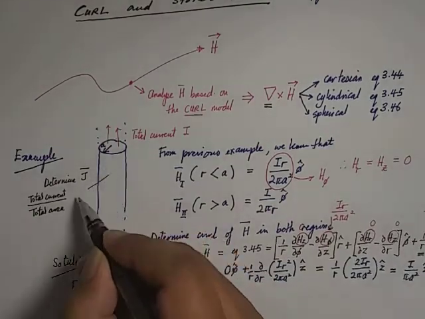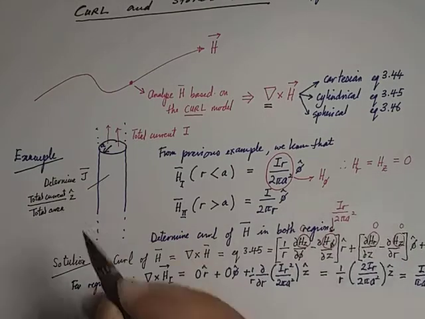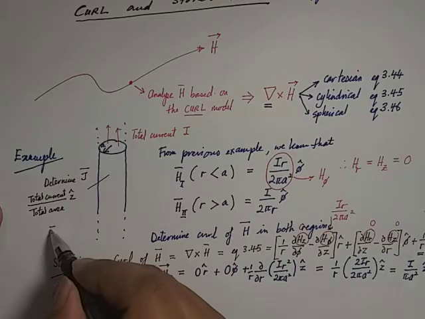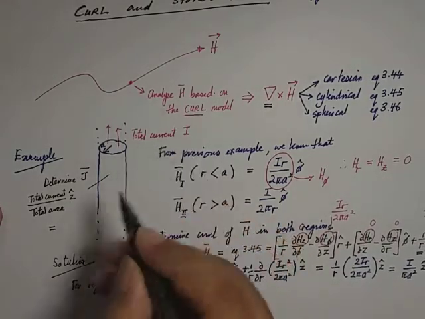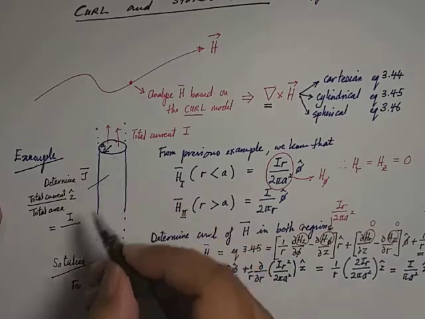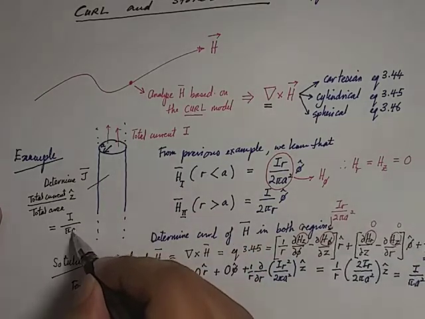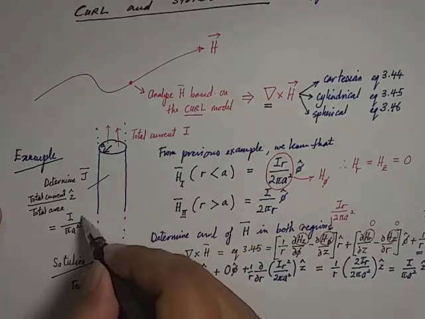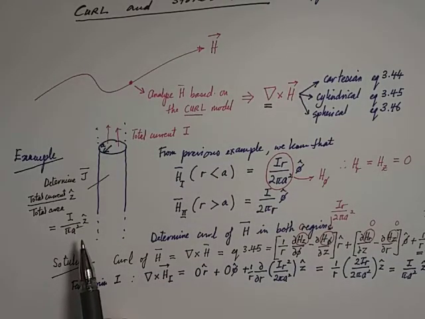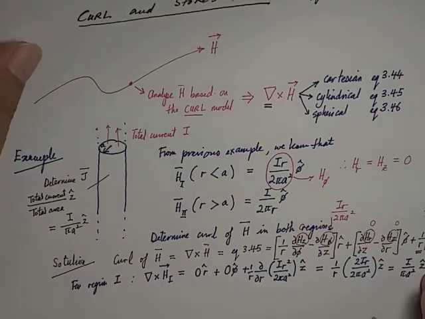And then the current flow upward, we already defined it to be positive Z. So what should be our total current? Yes, total current given by the problem is I. What should be the total area? Pi a squared.